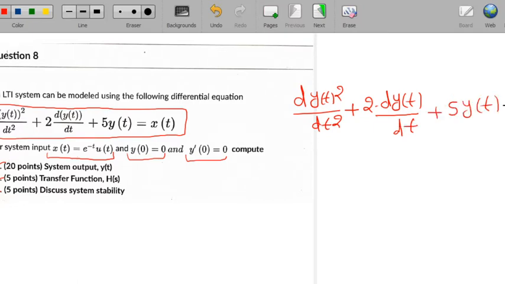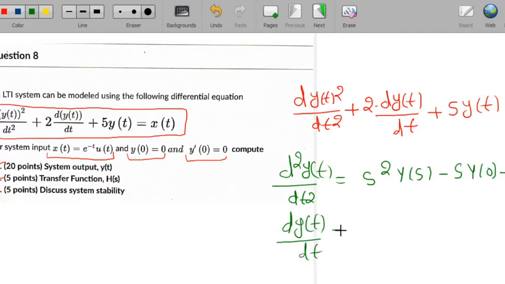First of all, we transform this equation into the Laplace domain. d square y of t by dt square can be written in the Laplace domain as s square Y of s minus s y of 0 minus y dash 0, and dy of t by dt can be written like this: s Y of s minus y of 0.